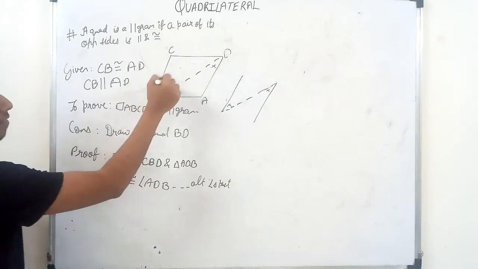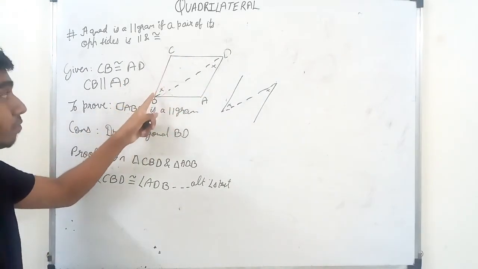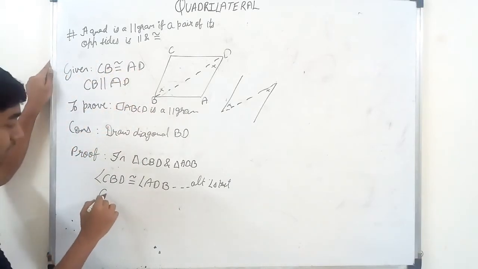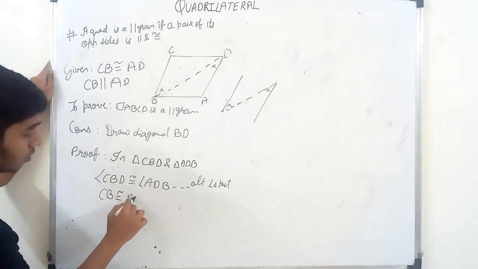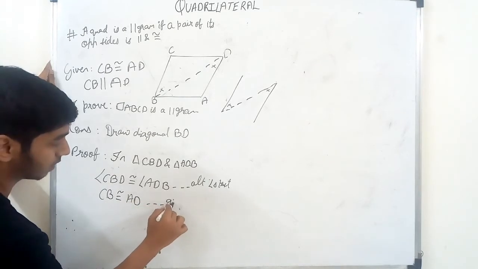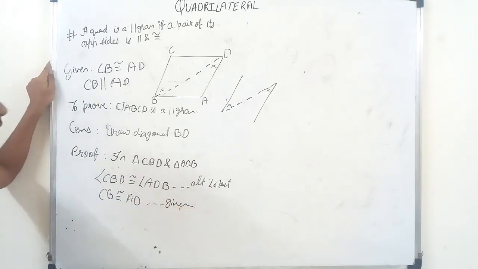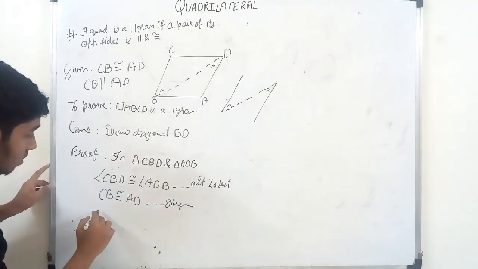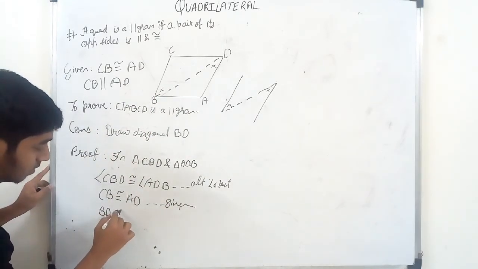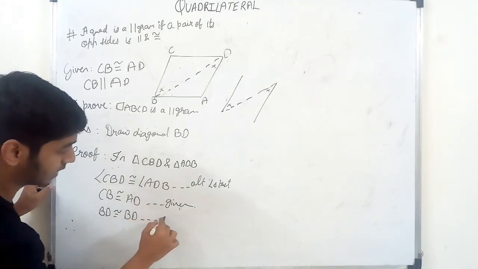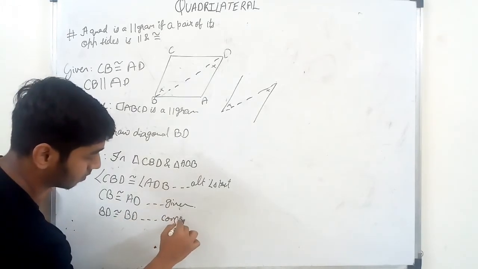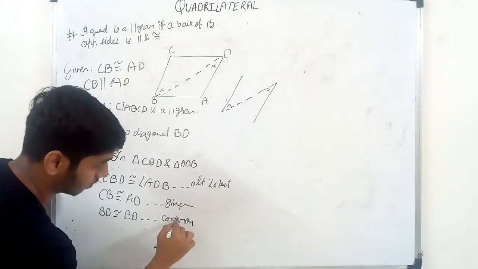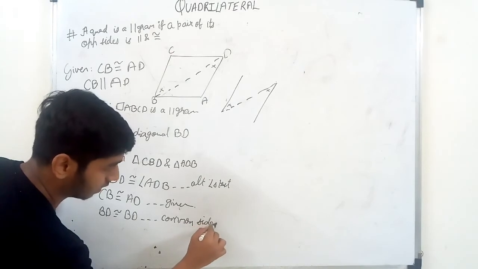Correct. Now, one more thing: CB is congruent to AD, which is given. And can we say BD is congruent to BD itself, common side? So we can say BD is congruent to BD itself, common side.